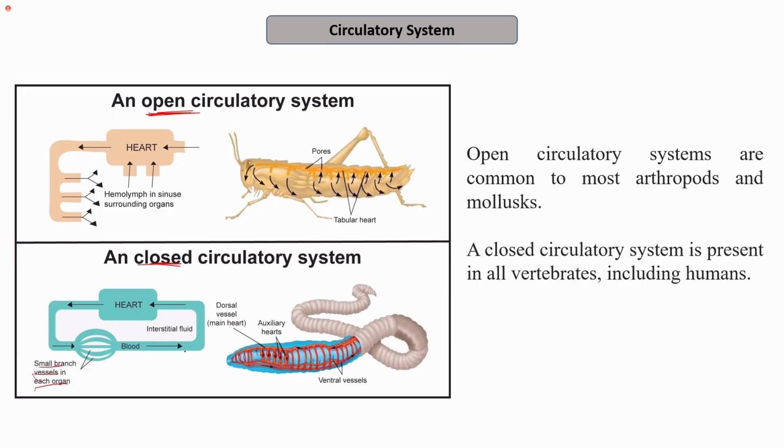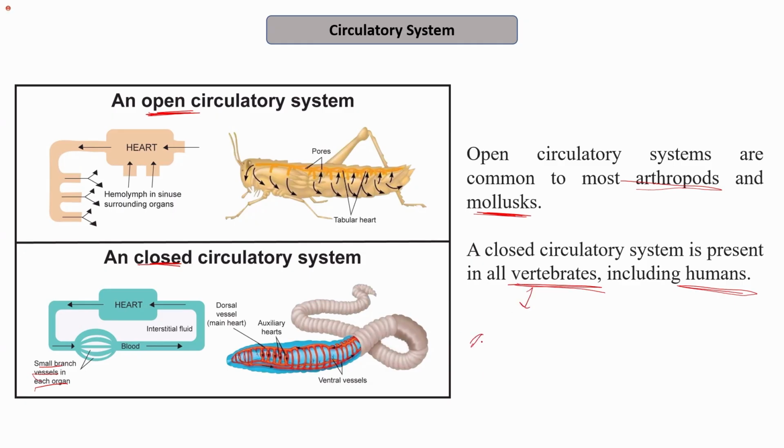Open circulatory systems are common to most of the arthropods and mollusks. So in arthropods and mollusks, we have open circulatory system, while closed circulatory system is present in vertebrates, including humans. So humans also come under the category of vertebrates, which come under the category of chordates.